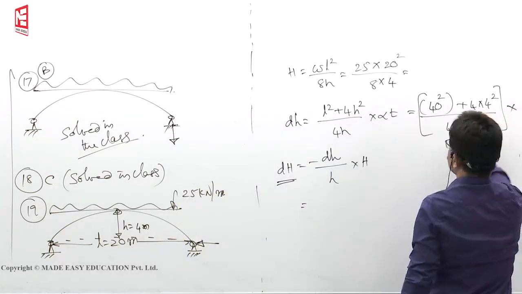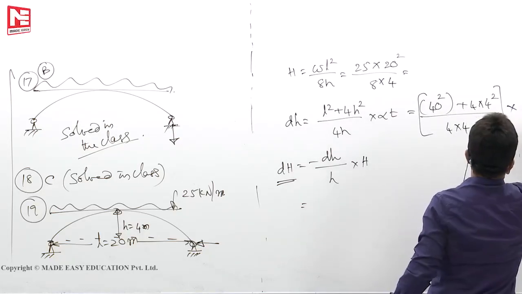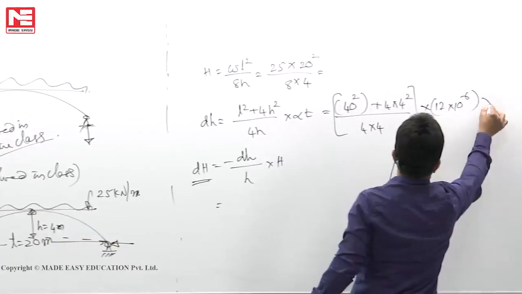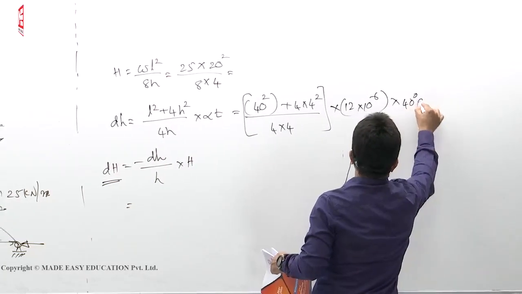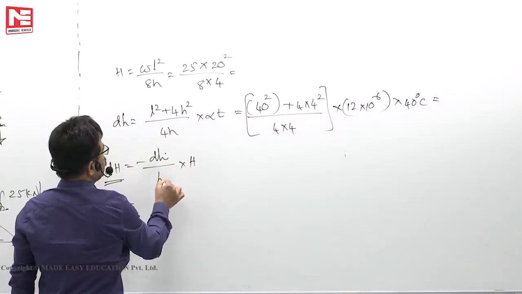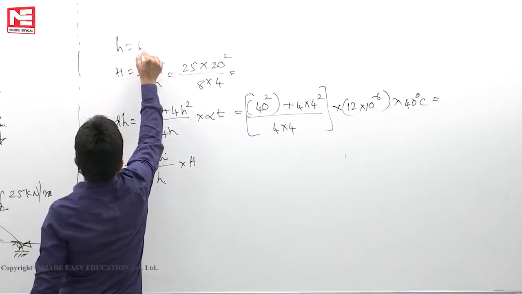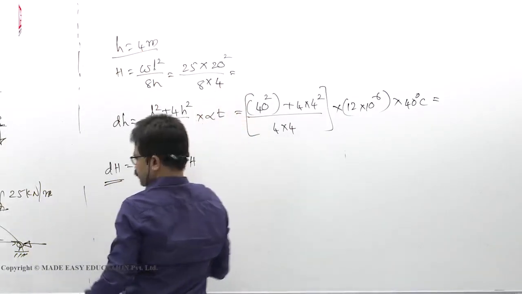Alpha is how much? You get 12 into 10 to the power of minus 6. Alpha into temperature change is 40 degrees centigrade. So this is the change in height. So dH by h, h is 4 meters, into capital H, you got it as this much.